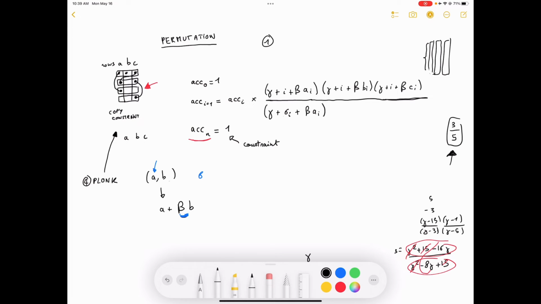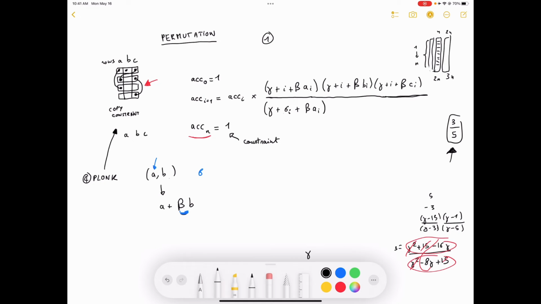list. So this one is from, I don't know, 1 to n, but this list is from n to 2n, and this list is from 2n to 3n. Like that, these indexes don't mess with one another.